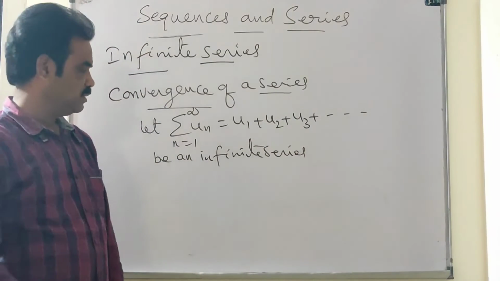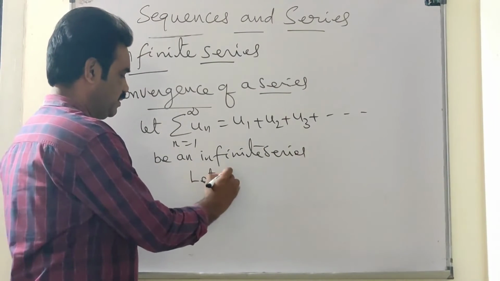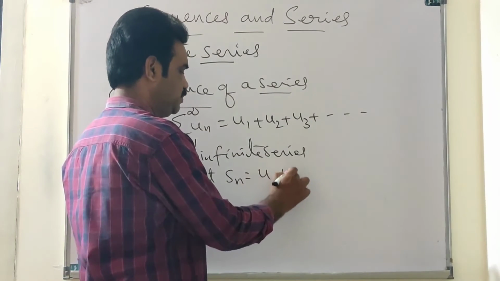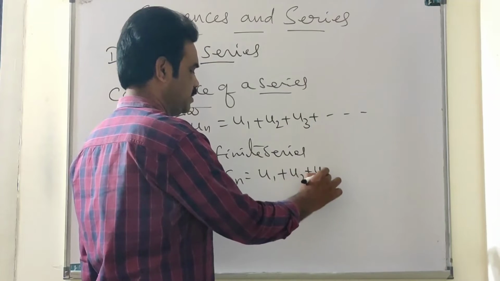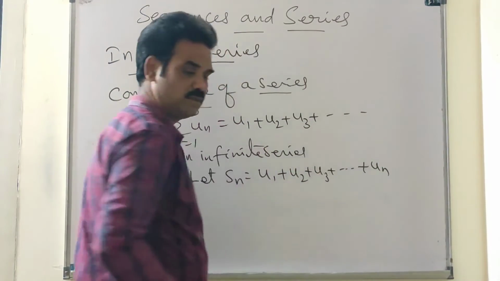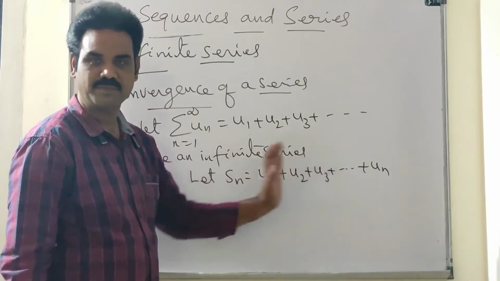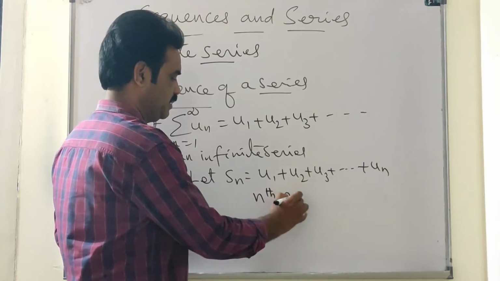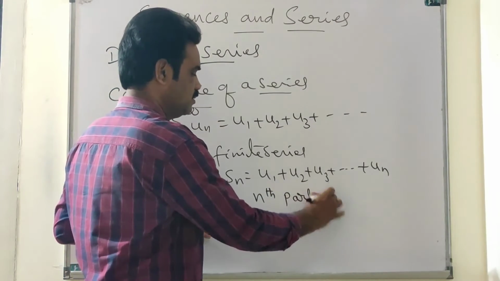Let Sn equal to u1 plus u2 plus u3 plus and so on plus un, that means the sum of the first n terms in the series. This is called the nth partial sum.